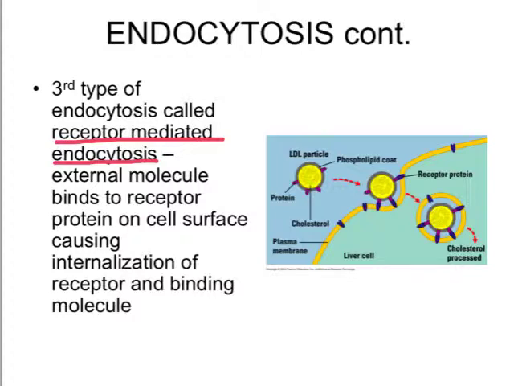So again, some of it's just random, it'll just engulf whatever, and some of it is very specific, and the specific ones we call receptor-mediated endocytosis. It's what happens with cholesterol. Cholesterol needs to get inside the cell. It's got little receptors on it, and it's going to come and dock itself with the receptor proteins in the plasma membrane, and that's going to signal the plasma membrane to engulf it and take it inside the cell.